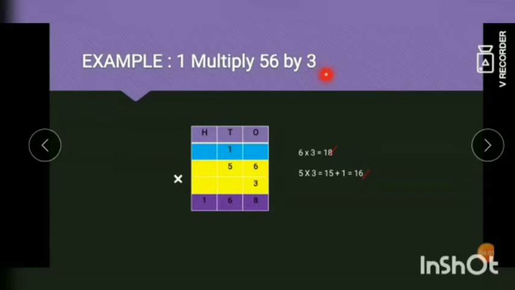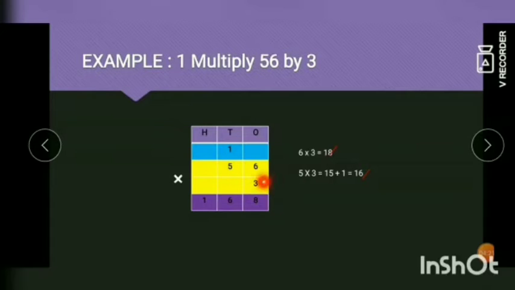Next we write the number 3 in the ones place. So first we multiply 3 by ones place. So 3 6s are 18. So we write the number 8 in the ones place and carry over 1 in the tens place.